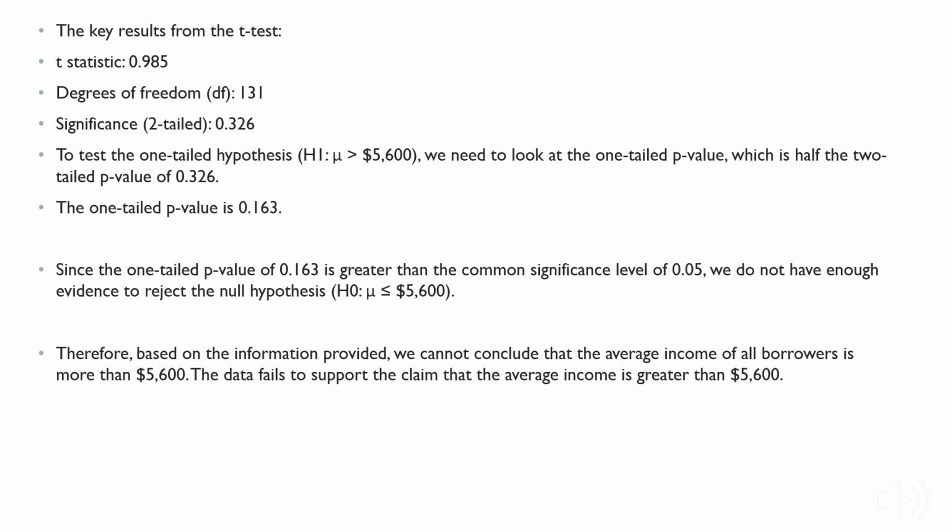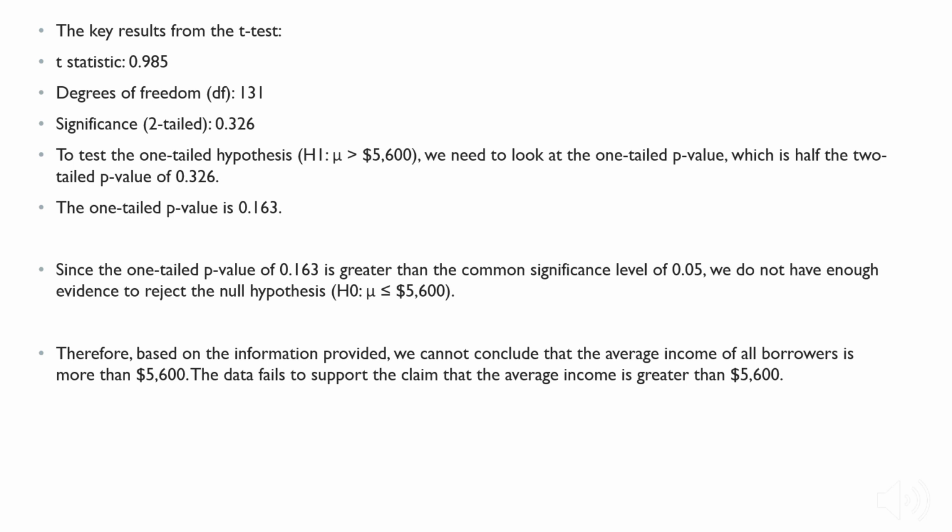From the data we analyzed, the mean of income is $5,748.03. To test the one-tailed hypothesis 1, we need to look at the one-tailed p-value, which is half the two-tailed p-value of 0.326. The one-tailed p-value is 0.163.